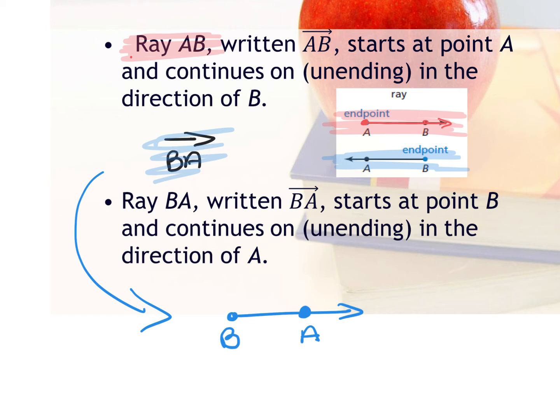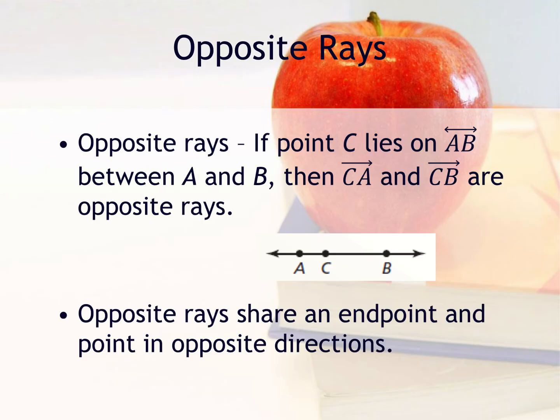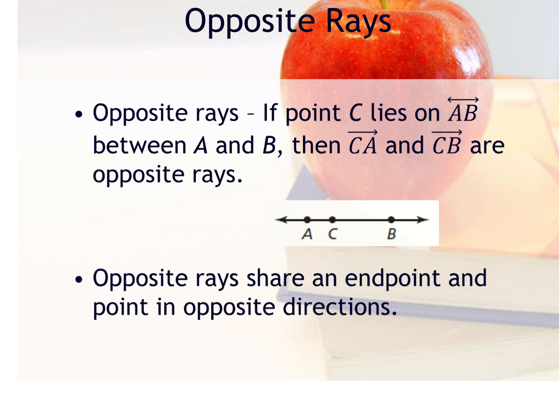Now we're going to talk about if we put two rays together, how we can turn them into opposite rays. So here it says, if point C lies on line AB between A and B, then CA and CB are opposite rays.